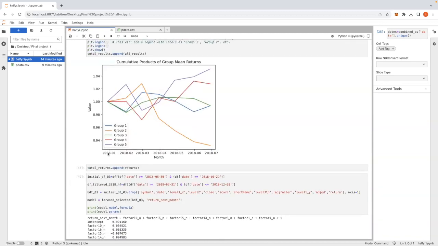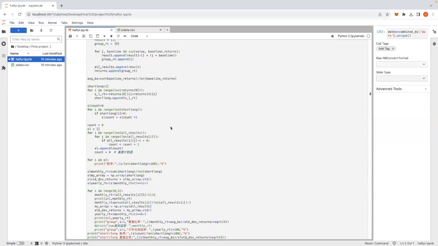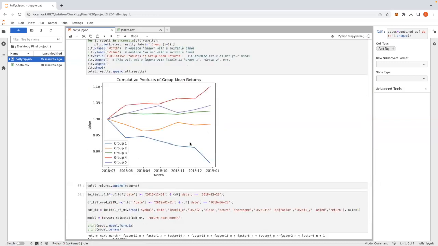From 2018 to the middle of 2018, it's pretty complex. The stock market did not perform so well, and the factor did not perform so well, so it's mixed and twisted together. Here's the next half year.